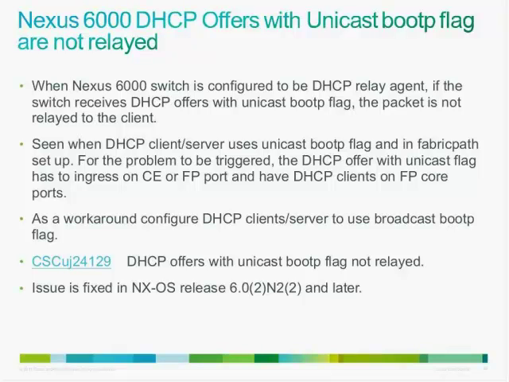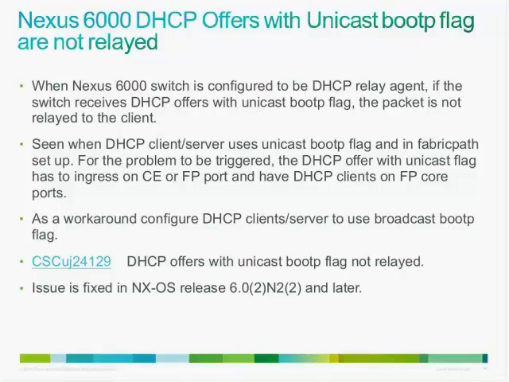So if the Nexus 6000 switch is configured to be the DHCP relay agent, and the switch receives the offer with a unicast bootp flag, the packet is not relayed to the client correctly. It's a forwarding problem with DHCP, with your forwarding manager.